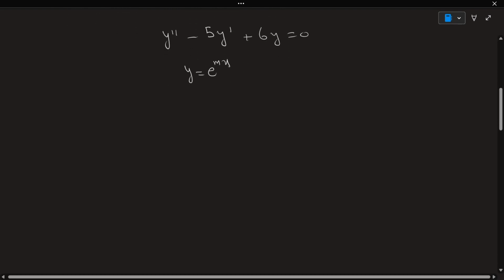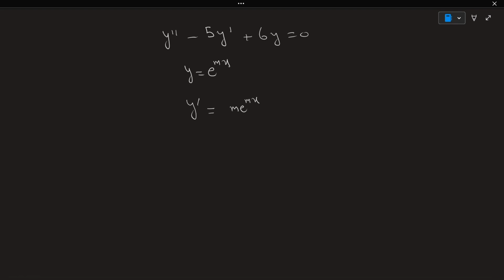So we will take the first derivative of y, and y prime will become m e raised to power mx, and y double prime will become m square e raised to power mx. After substituting these derivatives, we will get m square e raised to power mx minus 5 m e raised to power mx plus 6 e raised to power mx is equal to 0.